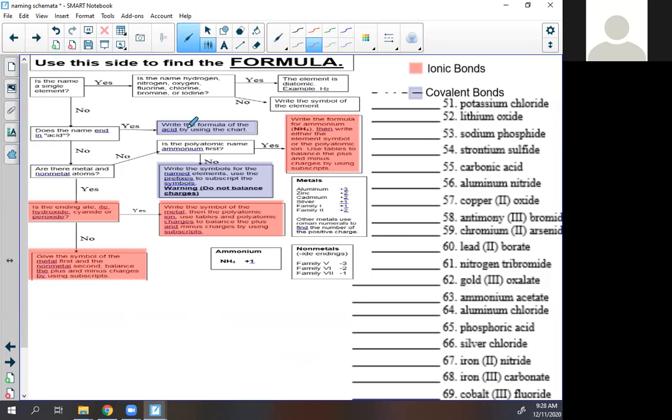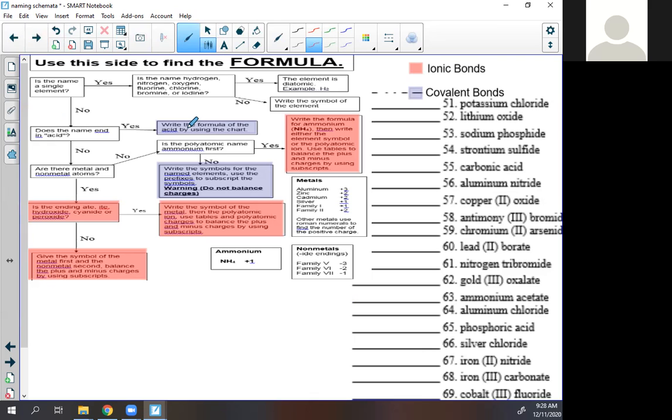We're going to be on the back of the naming schemata, but we're going to be on number 51, which is inside right here. Everyone with me? 51, we're going to be here.